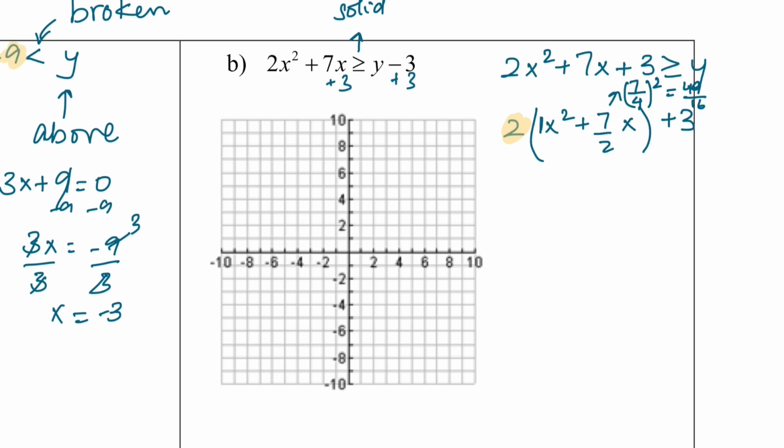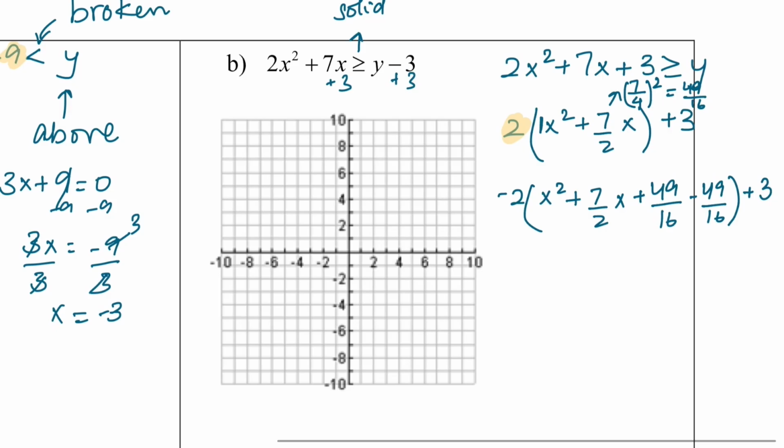If the question doesn't have a number, it already has the coefficient of 1, then you don't have to factor it out. So 2 times x squared plus 7 halves x plus 49 over 16, minus 49 over 16, plus 3 is equal to y.